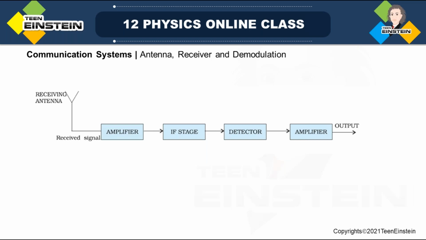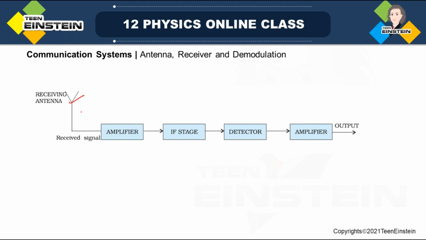The process is that at the receiver station, an antenna picks up the signal. At the receiver end there will be an antenna that will pick up the modulated wave radiated from the transmitter.